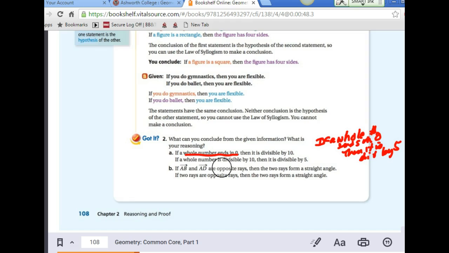Now, because the conclusion of one was not the hypothesis of the other, then we can't use, again, what's called the law of syllogism. So this one, we can't make a logical statement or a logical deduction, as they call it, out of this particular one, because the conclusion doesn't match the hypothesis of the second one. And that's just one of the two that we've looked at in this chapter on logical deduction or logical thinking. Okay. Hope this was helpful.